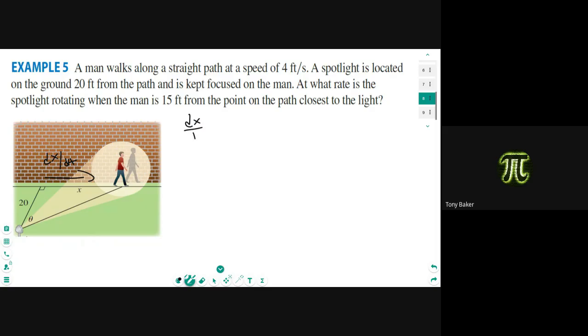So dx dt is going to be 4 feet per second. They gave us the adjacent, actually. The adjacent side is 20. They gave us the opposite side too. So they did tell us x is 15, which is the opposite.